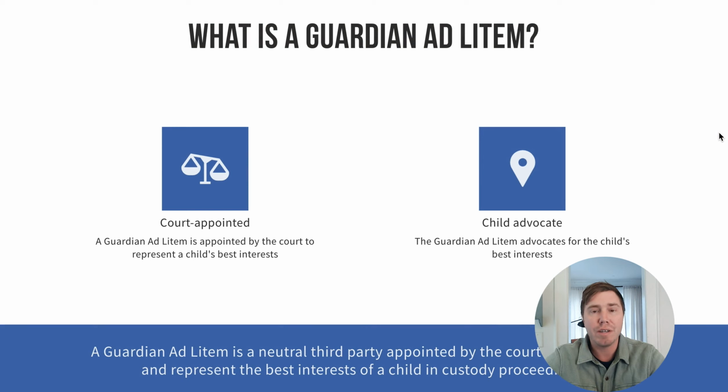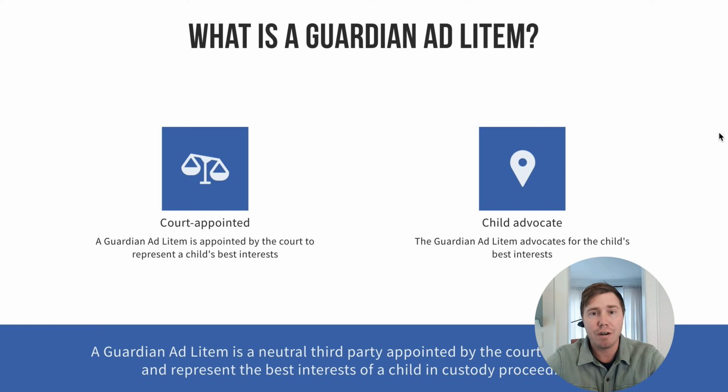So ultimately, what is a guardian ad litem? They are an advocate that's appointed by the court that represents your child's interest in a custody case. This can be a case that originates out of a paternity case or a divorce case, but the guardian ad litem is the third-party advocate for the child.